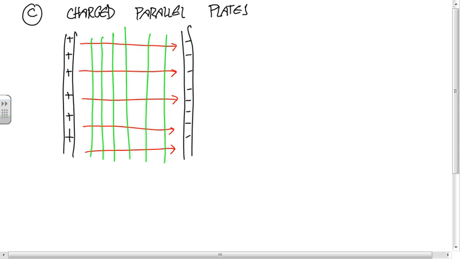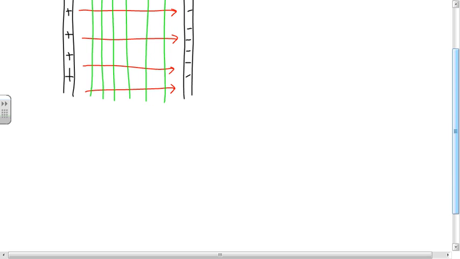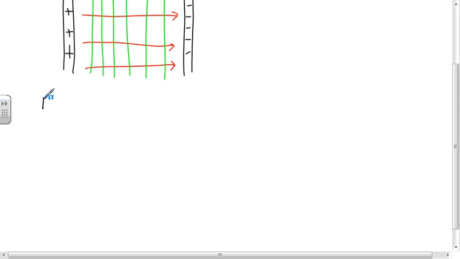Okay, let me just describe a couple of kind of hand-wavy topics. We're not going to do any calculations with this, but I just want to explain a couple of electrical concepts.